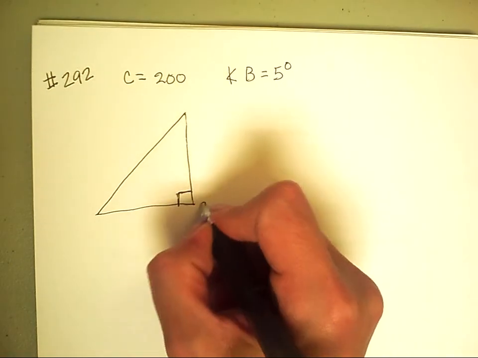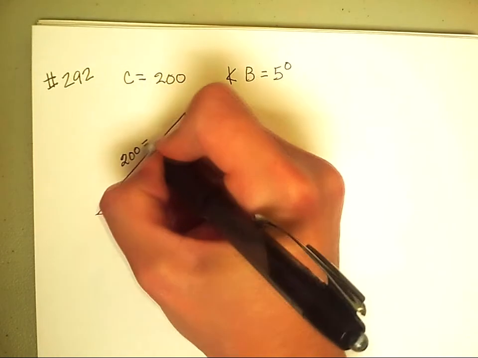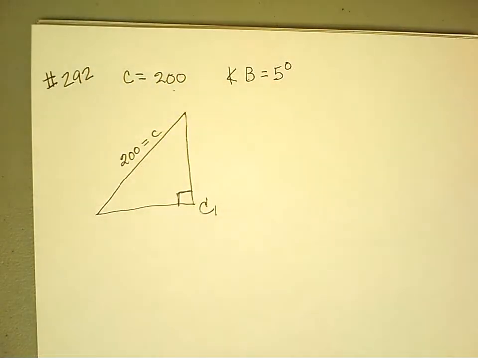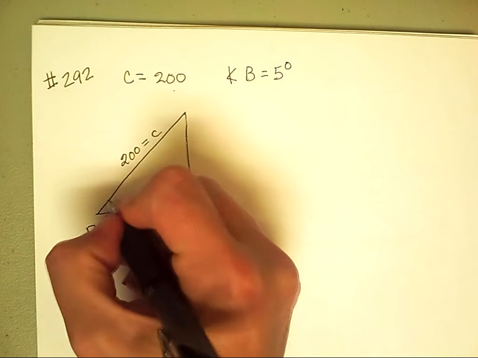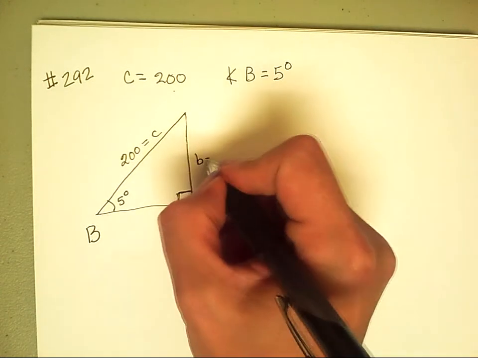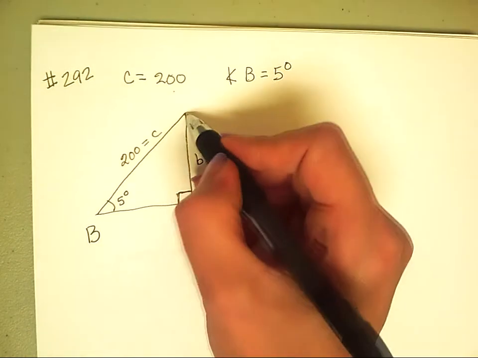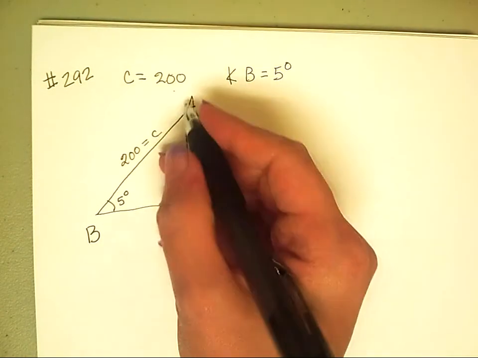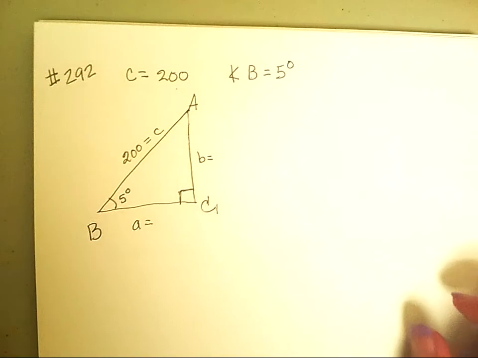So this angle is angle C, the capital C, and the side opposite it is little c. We're told that angle B, let's call this one angle B, is 5 degrees, which forces this side to be little b. Then the remaining angle is A, and the side opposite of it is little a.